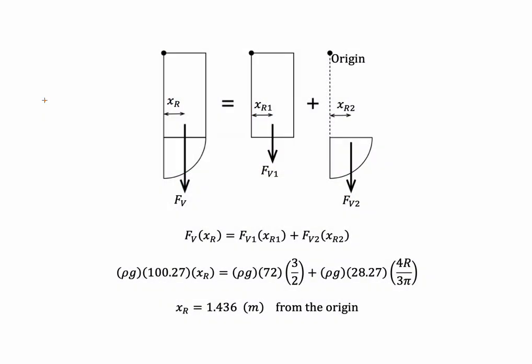The equilibrium of moment can be written like this: F_V, the total force, multiplied by x_R is equal to the vertical force of the rectangular area multiplied by its distance, plus the vertical force of the quarter circle times x_R2, meaning the distance of the centroid from the origin here.